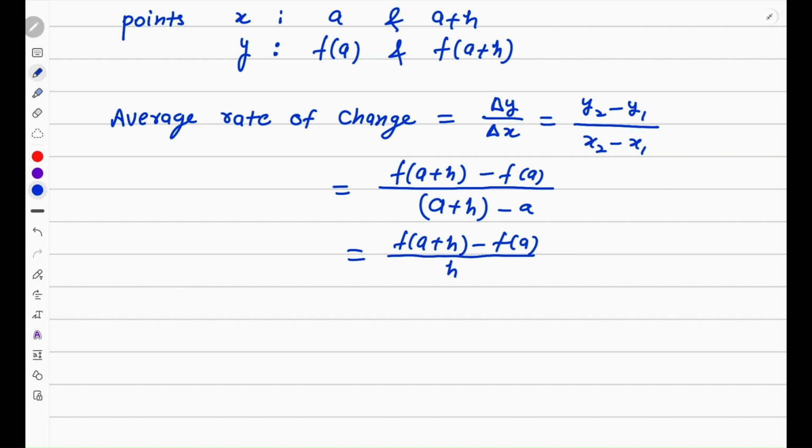So this expression is known as the difference quotient.